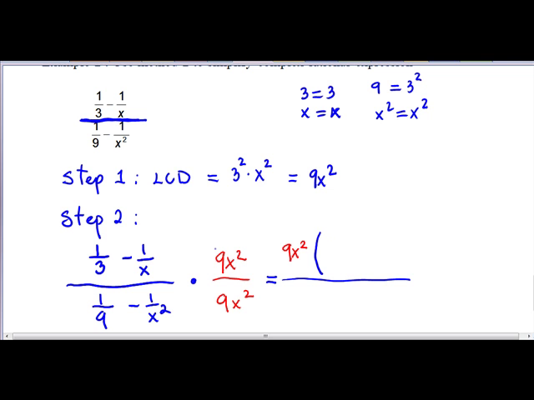I just take 9x squared times the numerator here to rewrite everything over.